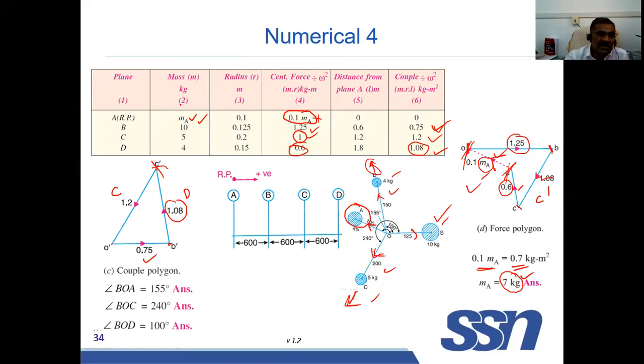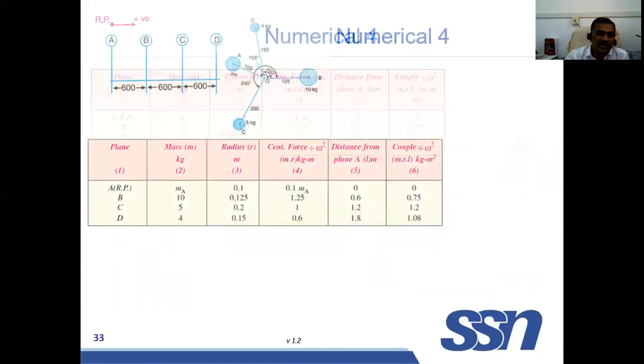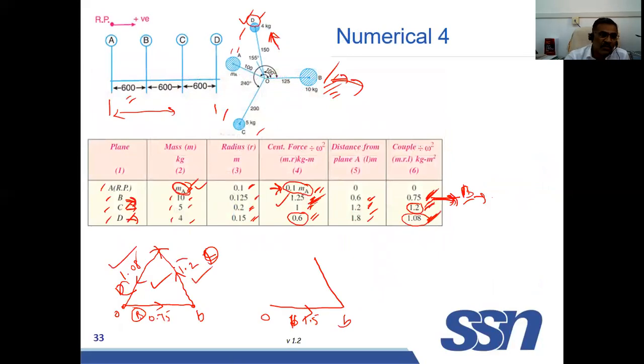As I explained, in the polygon here 1.98 is taken, and here I have taken 1.2. But you can take vice versa also. Here I have taken 1.2 here, 1.98 here. In such a case, you will get a different solution, but finally it will be in balance.